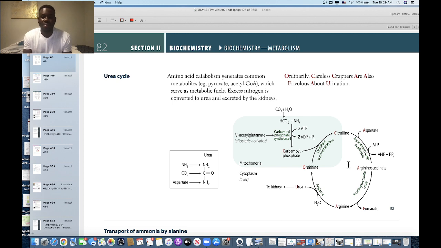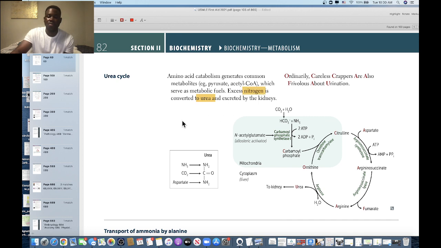So amino acid metabolism. We break down proteins into amino acids because we build proteins with amino acids. So we break proteins down into amino acids, right? And then amino acid catabolism generates common metabolites, that's pyruvate, acetyl-CoA, which serve as metabolic fuels. Excess nitrogen is converted into urea, right? Because we have a lot of nitrogen in the amino acids.